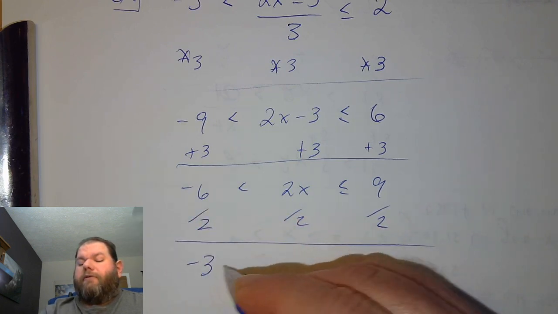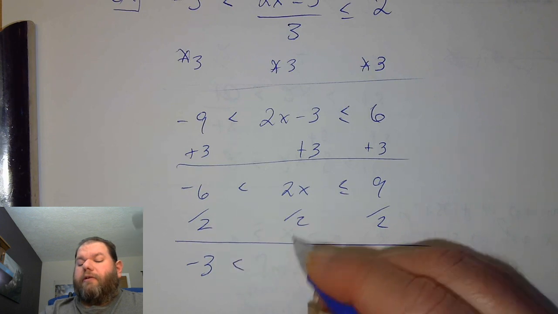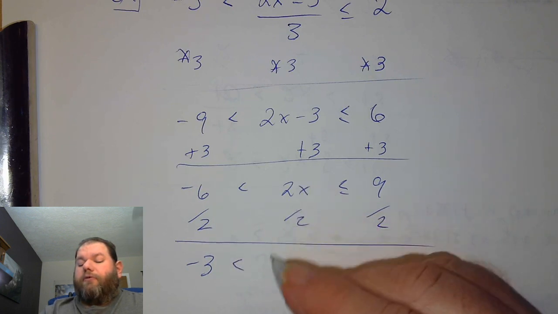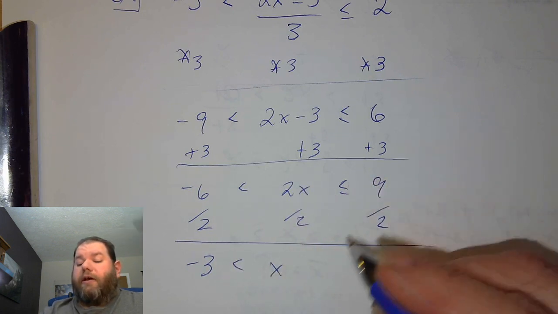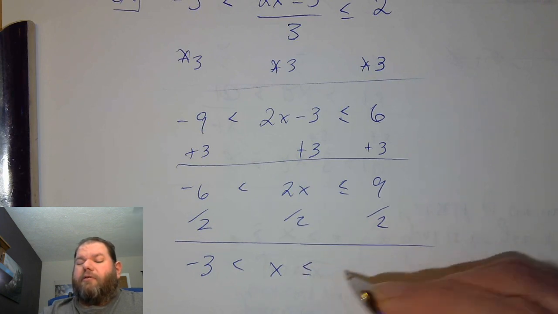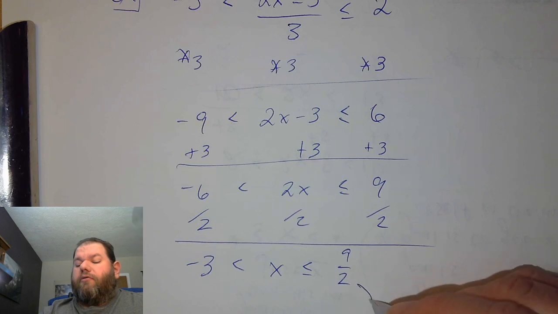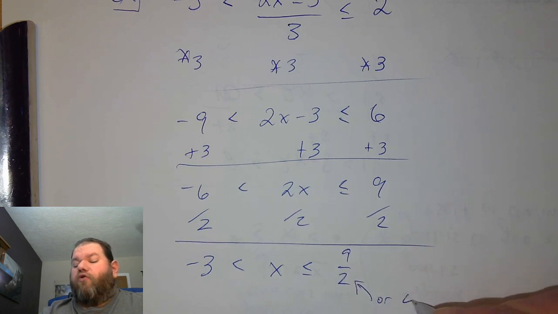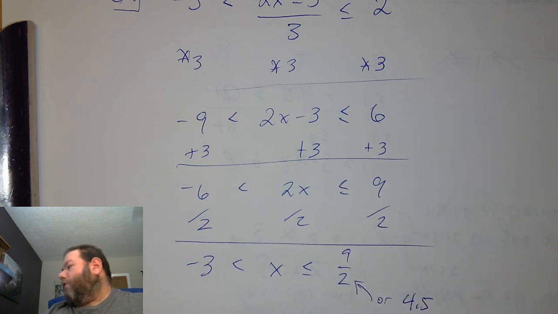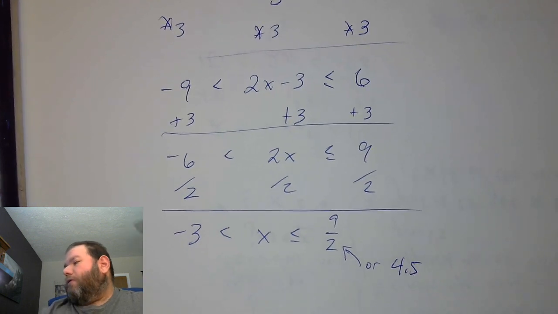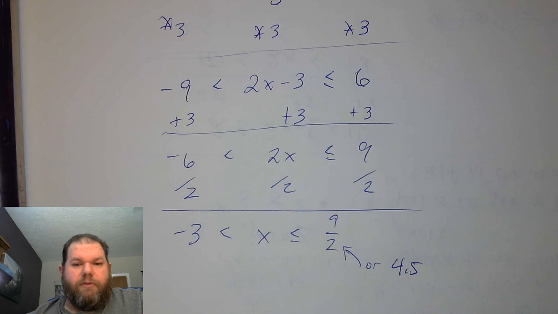Negative 6 divided by 2 is negative 3, less than. 2x divided by 2 is just x. And then 9 divided by 2, we could make that 9 over 2, or 4.5, whichever we preferred, just to simplify it to something we could put onto a number line.